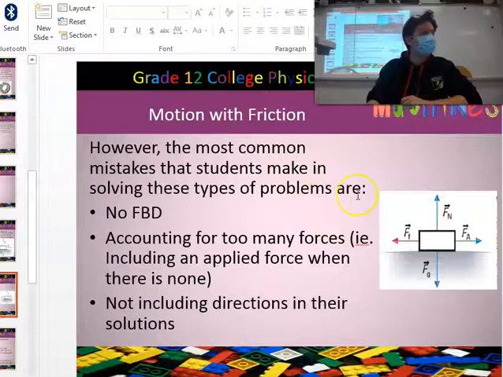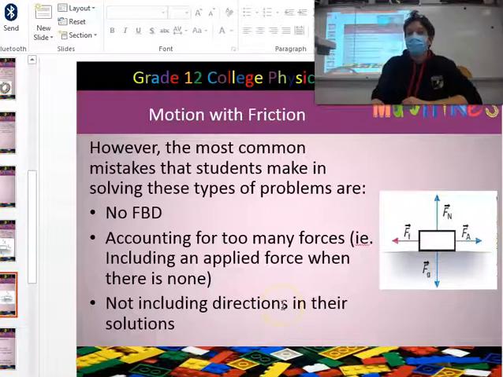Because remember, when you're analyzing Newton's second law, it's not the applied force equals ma or the frictional force equals ma. It's the net force that equals ma. So you're going to need to add all those forces. And if you don't draw a free body diagram, you might forget to add one. Or, another thing I see a lot of the times, is you might forget what direction they are.